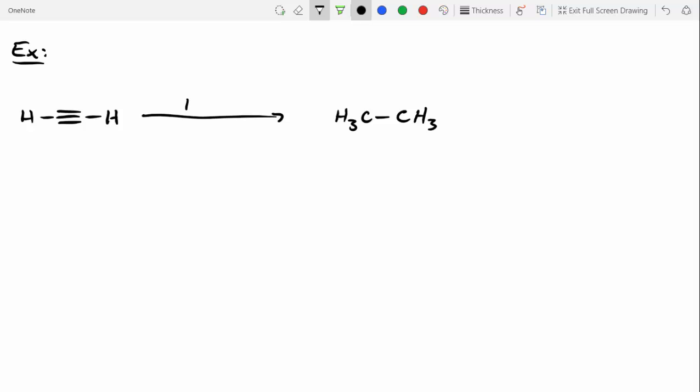Yeah, H2 and platinum. So a catalytic hydrogenation. All right, now let's determine the oxidation number for our starting material and our product. And I'll draw out all our electrons.